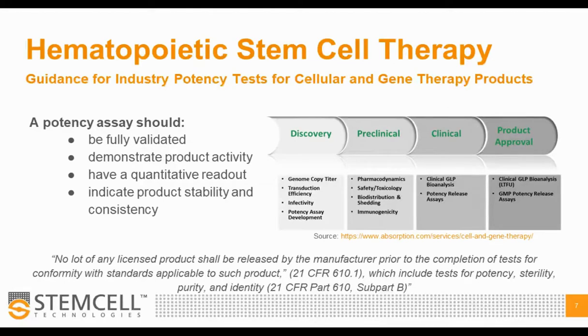These mean, and you can see it's the same as the last slide, that these tests include values for potency, sterility, purity, and product identity. And if you look at what a good potency assay should be, it should be something that you can actually validate. It should also demonstrate product activity. It should have a quantitative readout, and it should also indicate product stability and consistency.